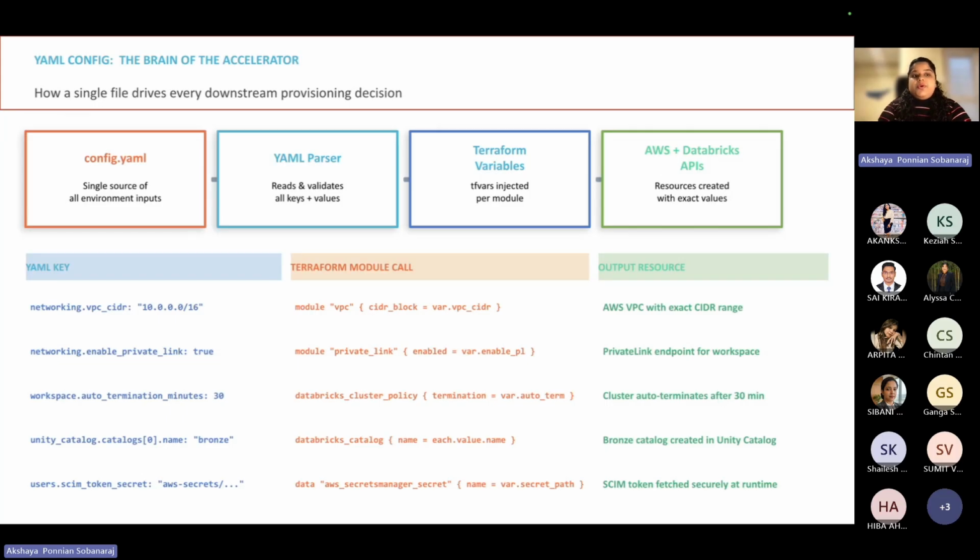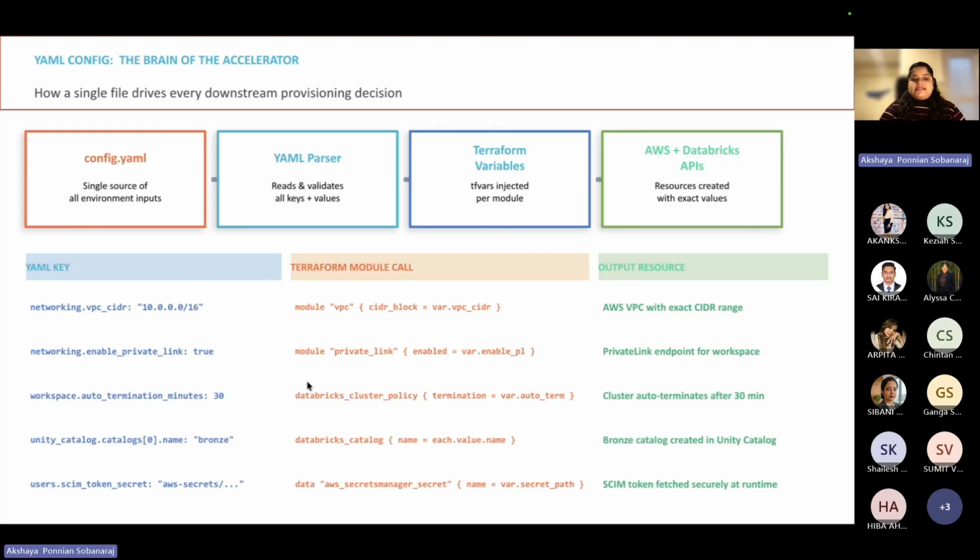What is this going to do? It might not seem like a big thing, but it's going to save you so much cost. If clusters are running idle throughout the weekend or throughout the night, it's going to cost you so many DBUs. DBUs are nothing but Databricks units, but by the end of the day, it's going to cost you money. And customers don't want this.